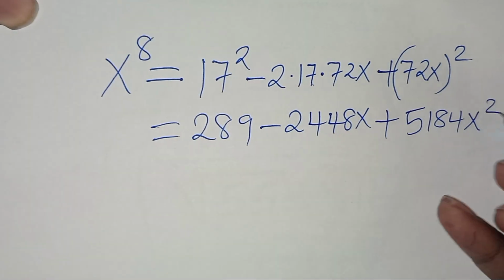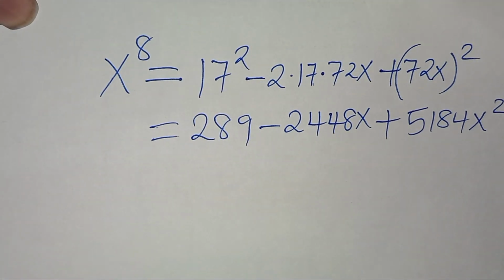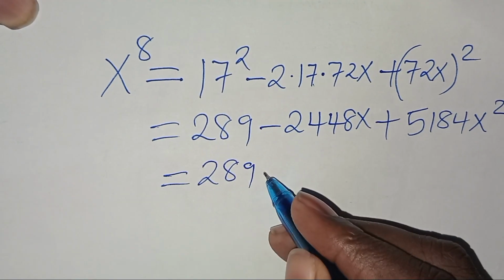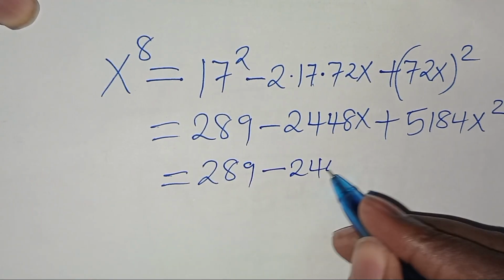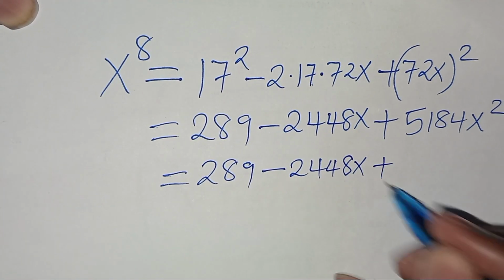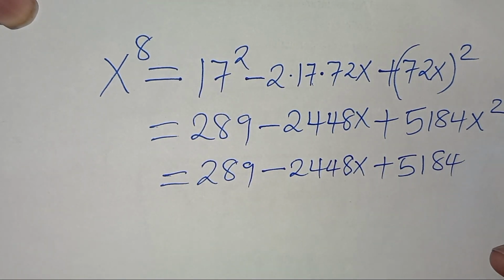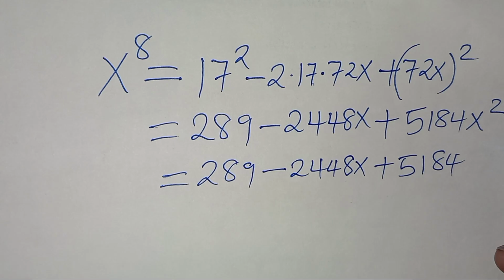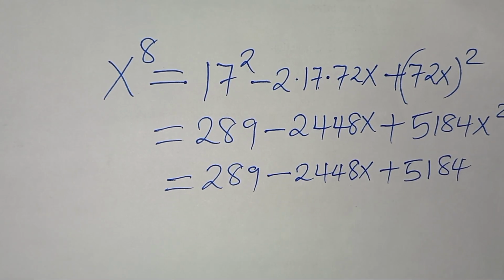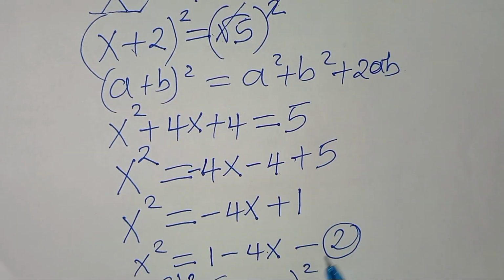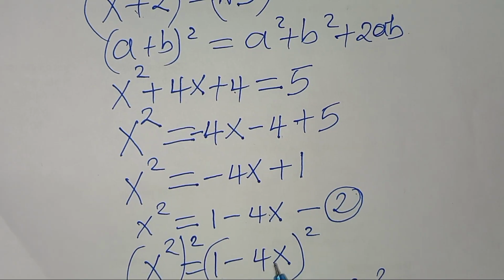5184x squared. Okay, so from here we'll have 289 subtract 2448x plus 5184x squared. But what is x squared? We have seen that x squared is equal to equation 2, which is 1 minus 4x.